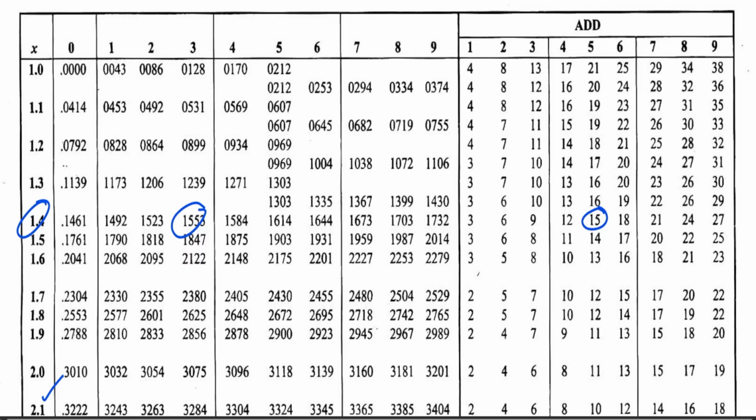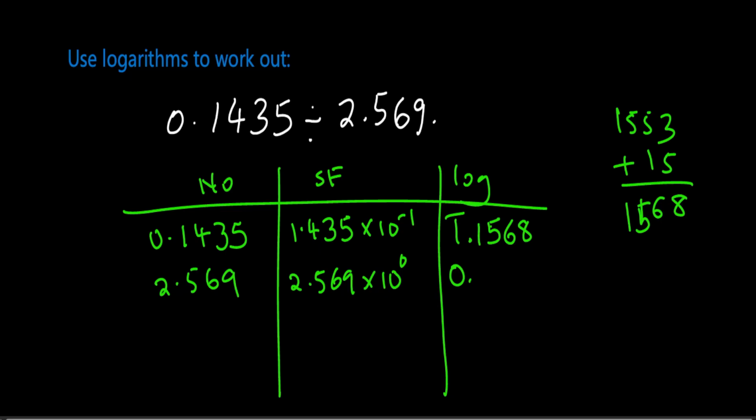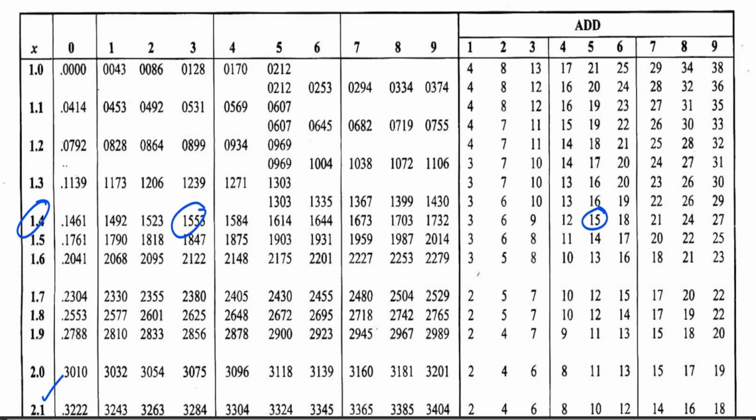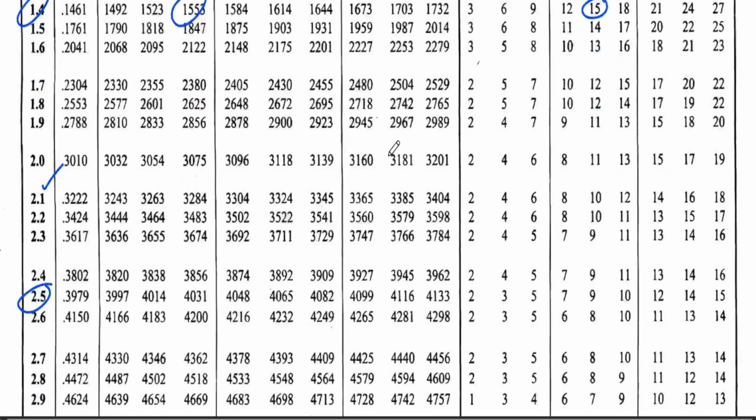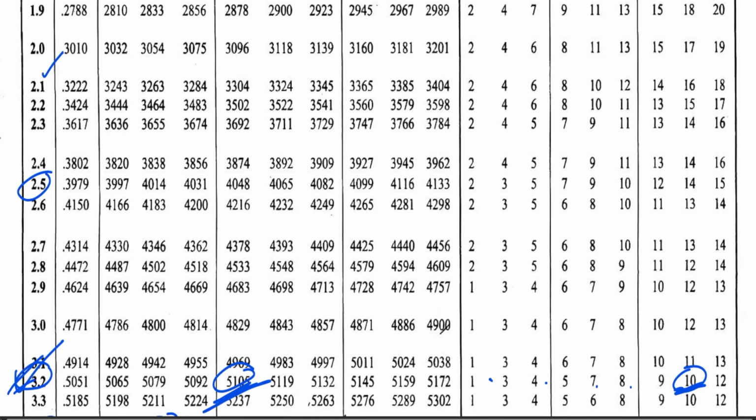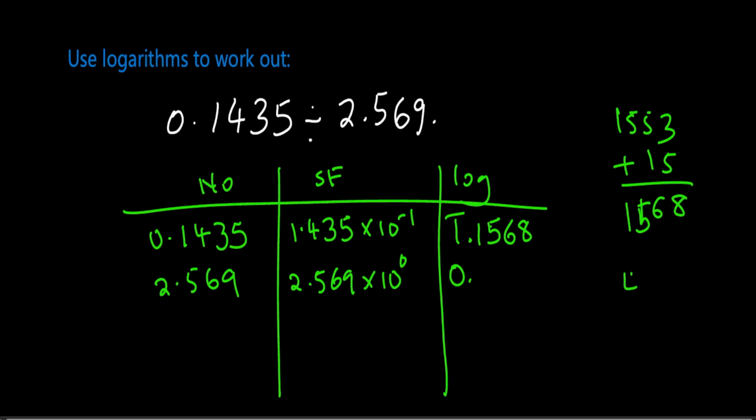So, is it hard? No. Now for the other one, 2.569: 2.5 already shown, and then we have 6, and then we have 9. So 4082 add 15, it's going to give you 4097.